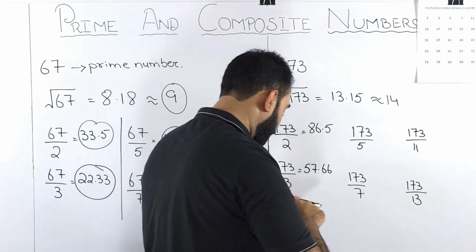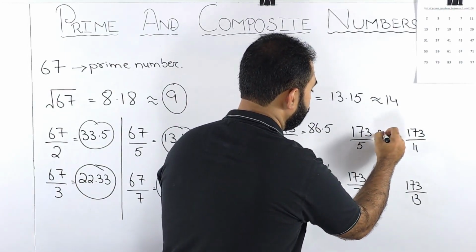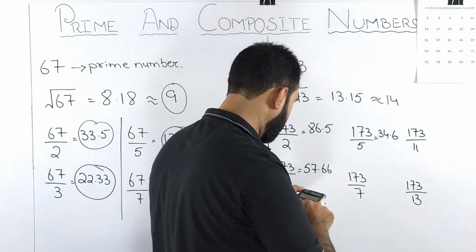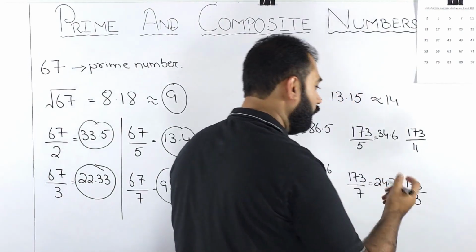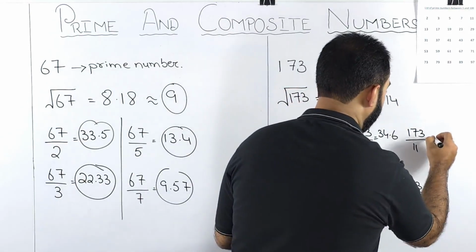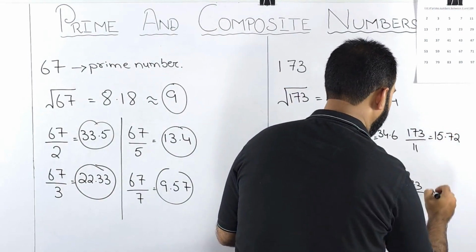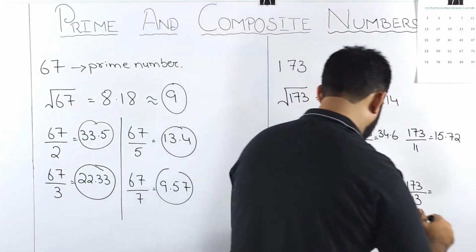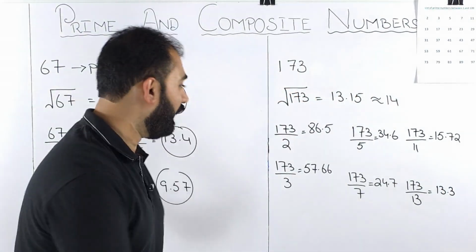Now 173 divided by 5 gives us 34.6, and 173 divided by 7 gives us 24.7. 173 divided by 11 gives us 15.72, and 173 divided by 13 gives us 13.3.